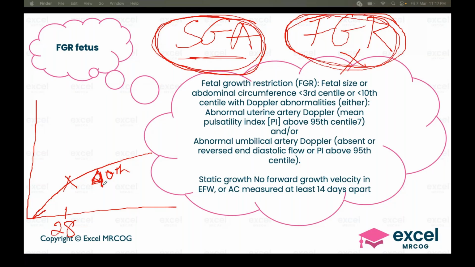Then you note the growth at 32 weeks of gestation. It now comes at the 20th centile. Okay, it is growing, but the centile is decreasing. That means the growth velocity is decreasing. It should have grown this way. It is growing, but it is growing this way.